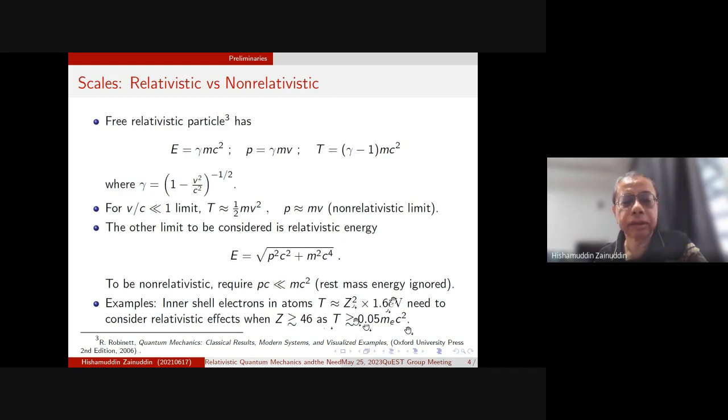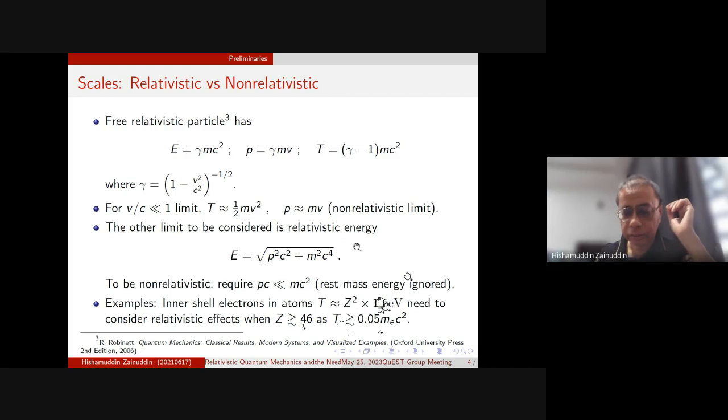So in other words, for heavier atoms, the inner electrons are going to be relativistic. So there, instead of comparing speed, sometimes you do not know how to estimate the speed, but you can estimate the energy. Then you can consider, okay, this is going to be relativistic.